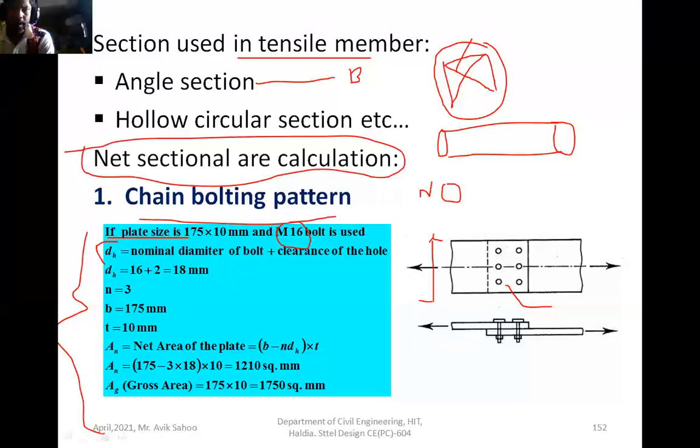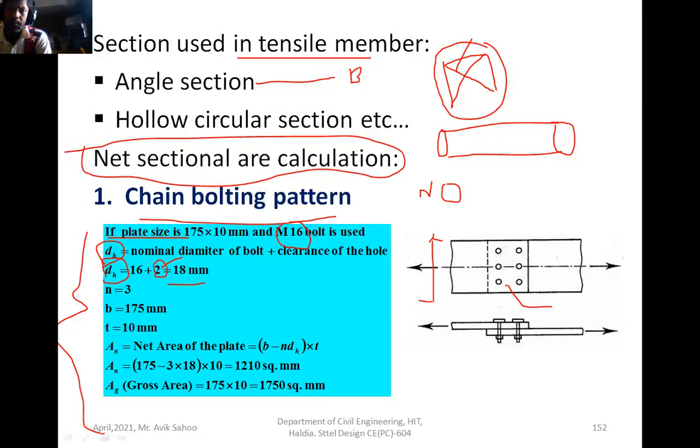Hence the diameter of the hole is how much? Leave a clearance to insert the bolt. The clearance is 2 mm as per code. The code says that for 16 mm diameter, you have to leave 2 mm clearance. So finally the hole diameter is 18 mm.